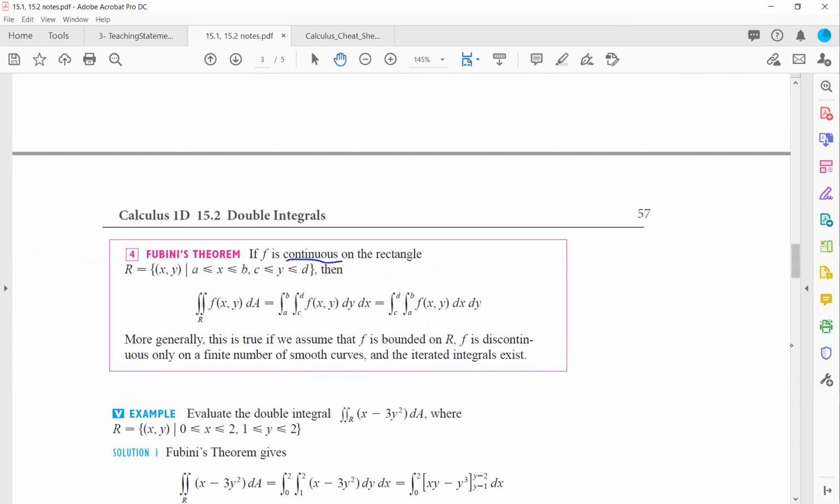If f is a continuous function on a rectangle, the official way that we define a rectangle is the set of all ordered pairs such that your x ranges between a and b, your y ranges between c and d, then the double integral of f over R with respect to two variables x and y is equal to the double integral of function f with respect to y, then with respect to x, which is the same as taking the double integral of function f with respect to x, then with respect to y. The outcome must be the same.